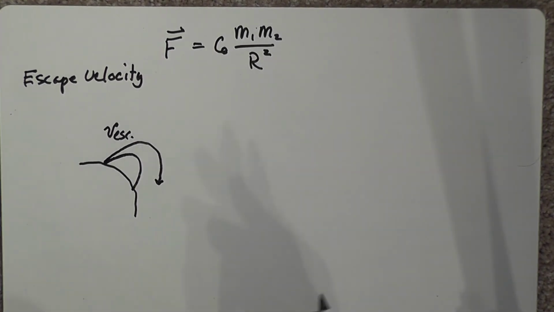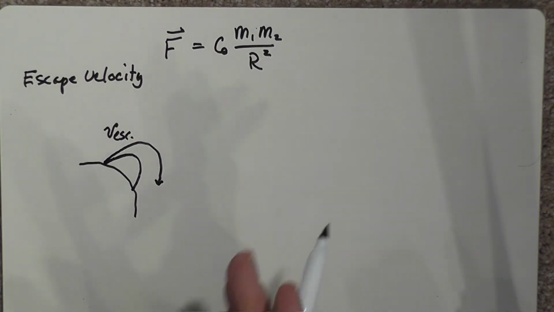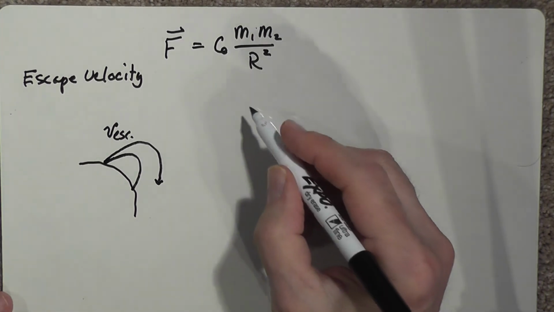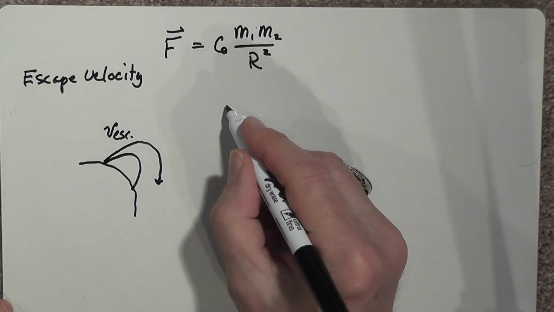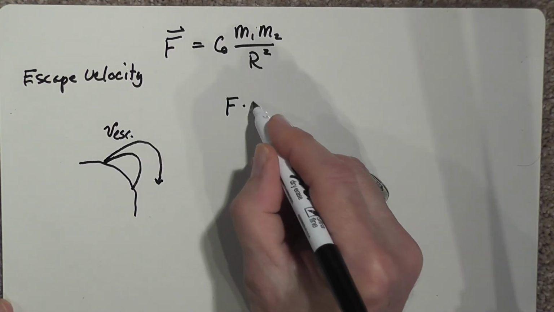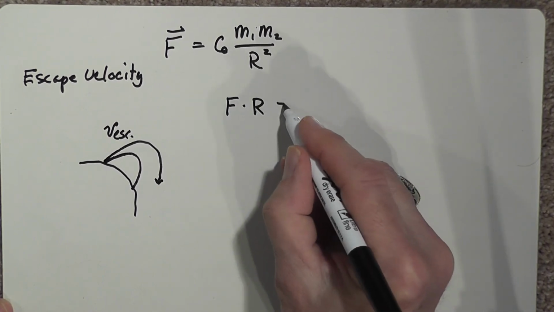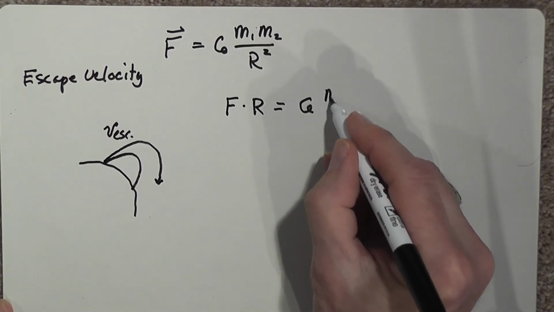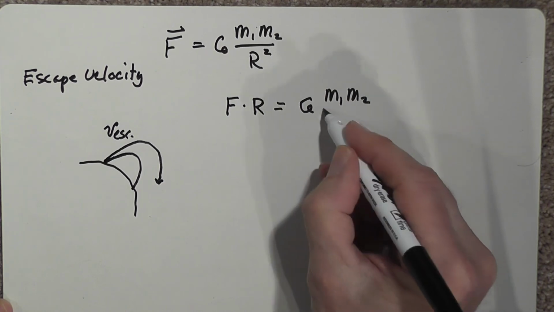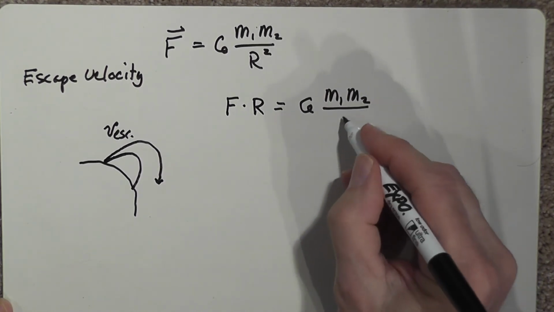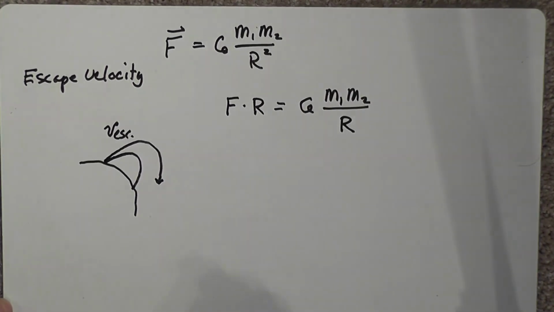Let's take this equation. Again, we need an equation of energy, specifically kinetic energy. If you remember from the last example, the work done was force times R, which is equal to G M1 M2 over R. We don't square the R there.